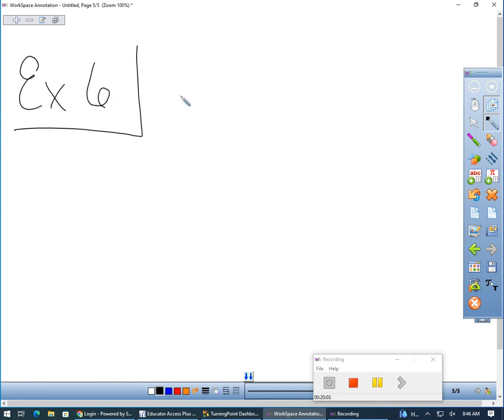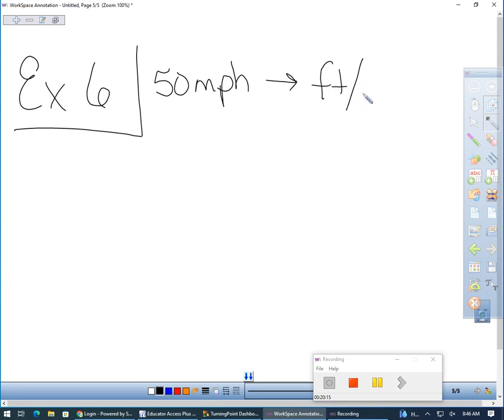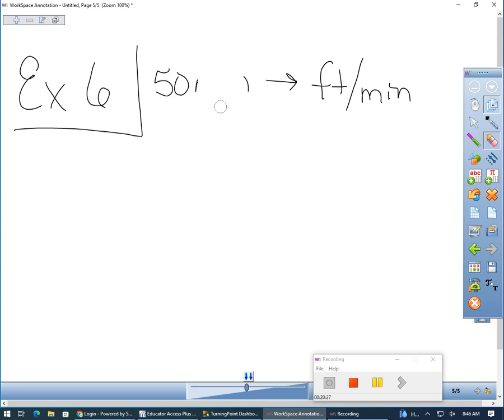How about if I want to change 50 miles per hour to feet per minute? So now how many labels am I changing? I'm going from miles per hour, and actually let me write it this way, it'll probably be better so you guys can see it.